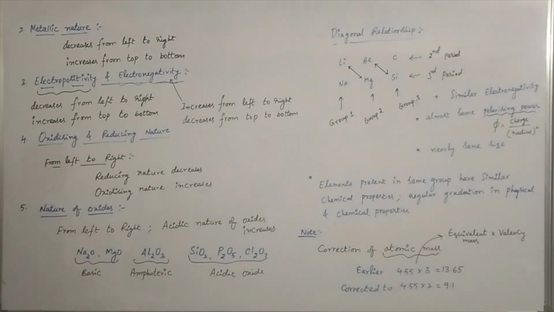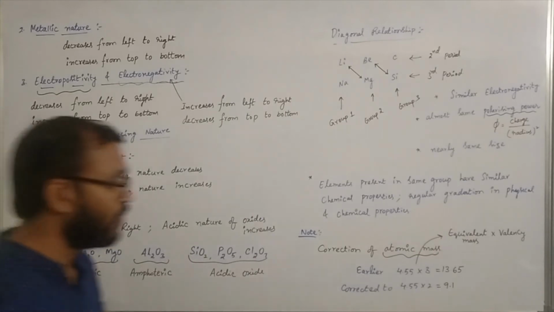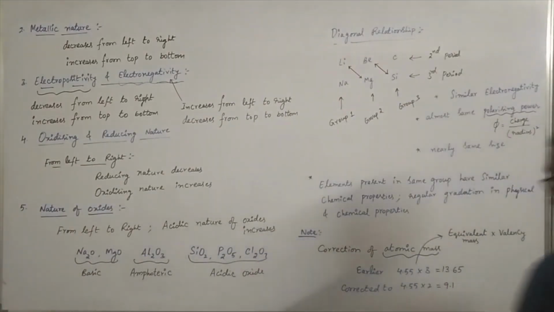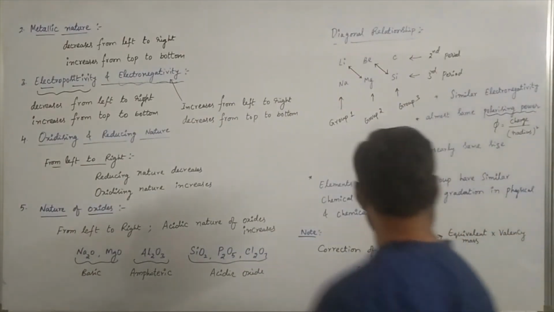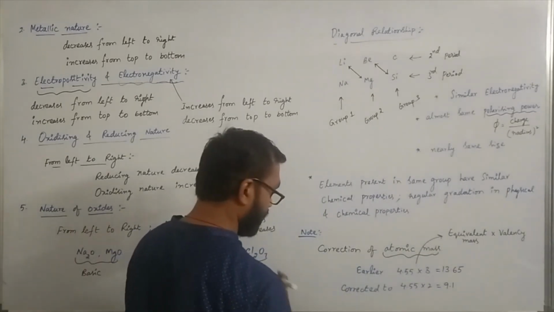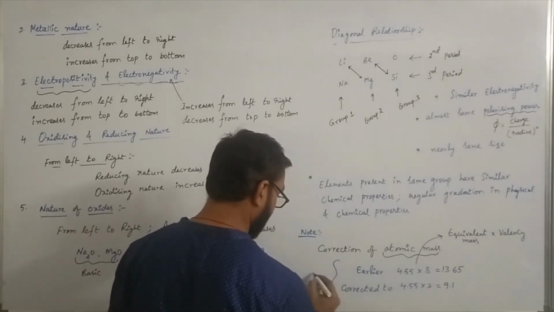So correction of atomic masses was observed. Atomic mass is equivalent mass into valency, and the equivalent mass of beryllium is 4.55. This is for beryllium.